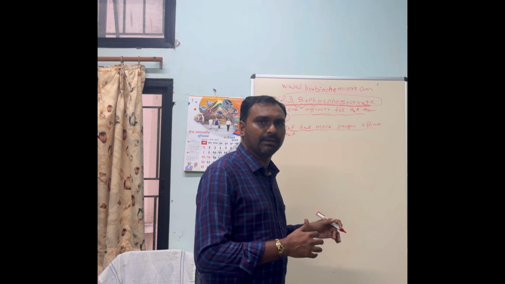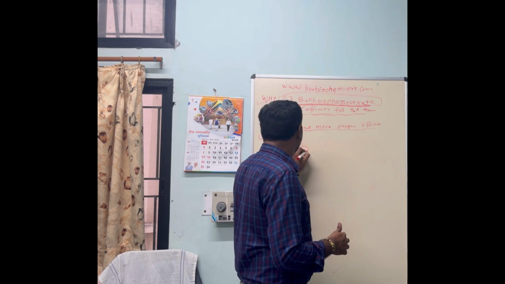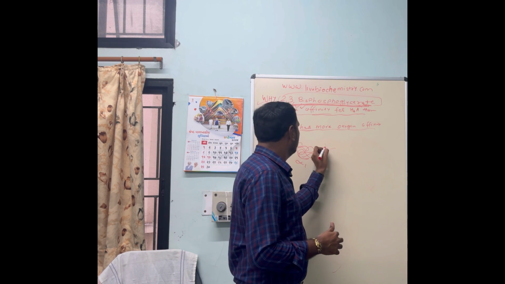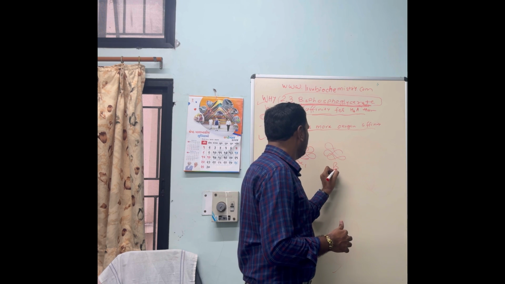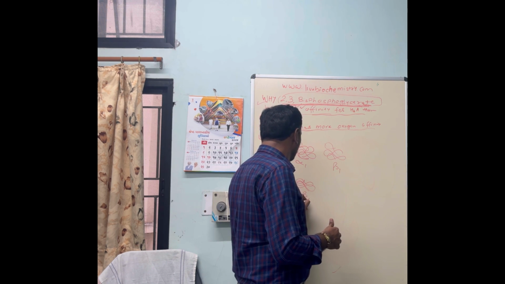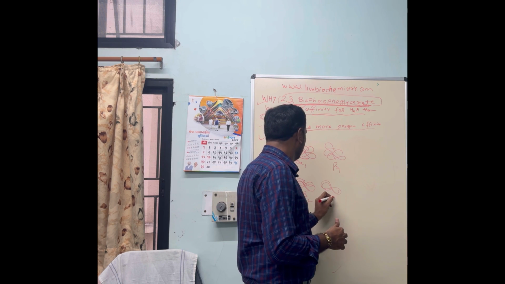We understand this topic in another diagram. There is a hemoglobin alpha 1 chain, this is a beta 1 chain, this is a beta 2, and this is an alpha 2.